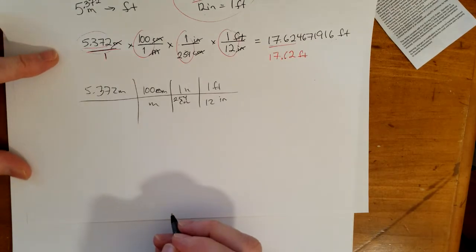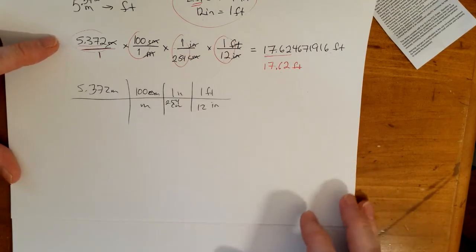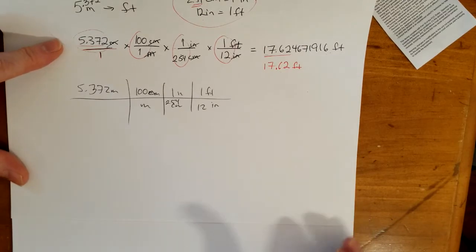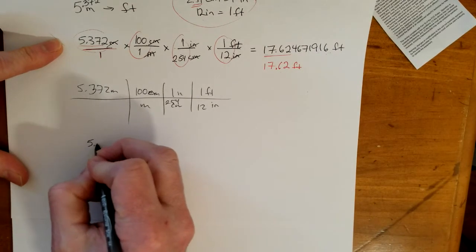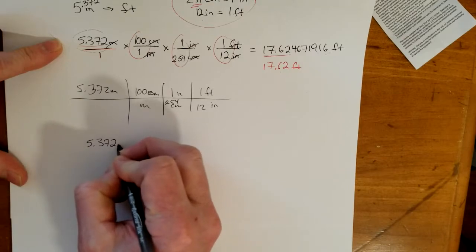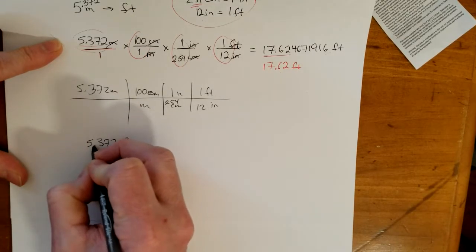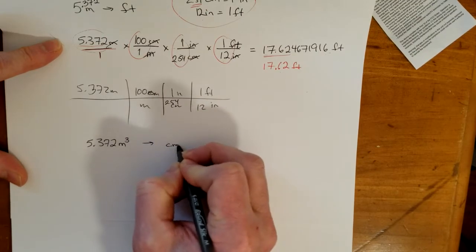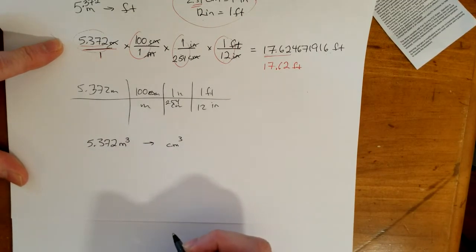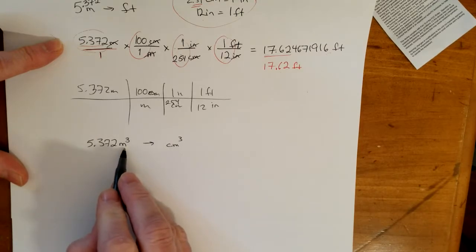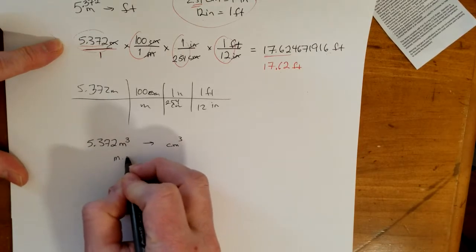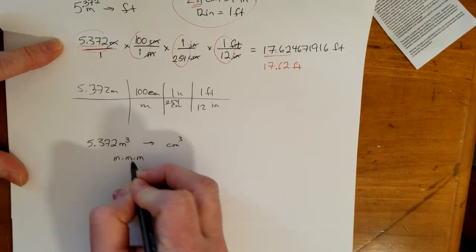People do have issues in doing unit conversions with the squared and cubed terms. So if this was 5.372 meters cubed, or cubic meters, and I want to convert into cubic centimeters, recognize that I have 3 units I am converting here. This is meters times meters times meters.